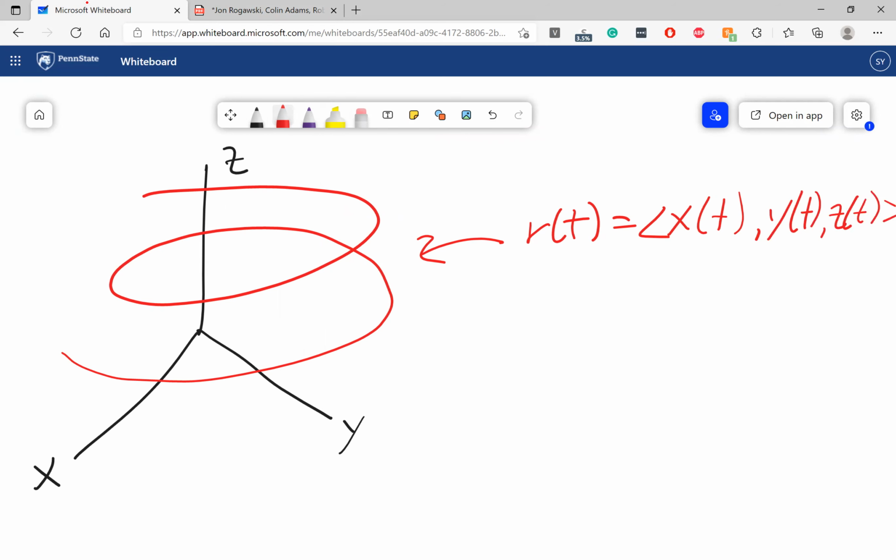And so for any given time, let's say for r of t1, you might have a vector starting at the origin, of course, and going to, let's say, this point over here. So this is the point r of t1. And again, it's a vector, because if you plug in t1 here, you get a vector. For r of t2, you might get a point here, r of t2, and so on. Okay, so it gives you some curve.